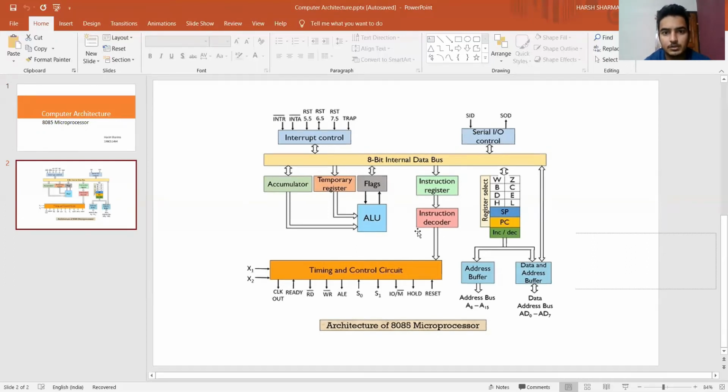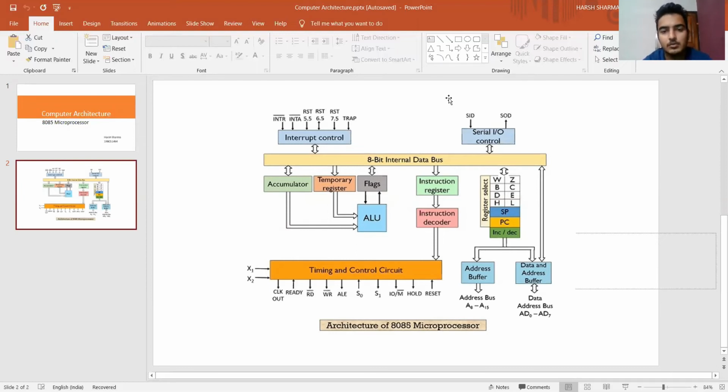Its size is 16-bit, which means there are 16 lines that take the value 0 or 1. With a 16-bit address bus, we can address 64 KB of memory in the 8085 microprocessor.